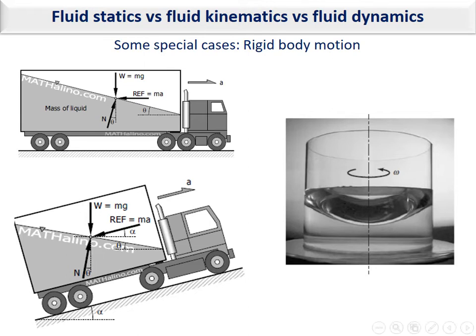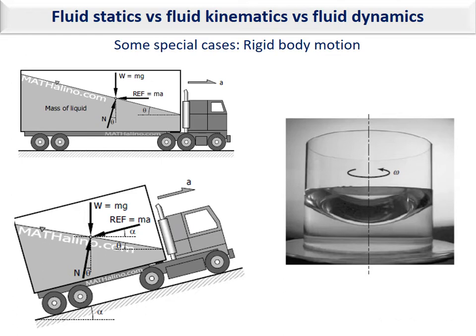So if you want, for example, to calculate the pressure at this point, it will be rho g multiplied by the height of liquid here. Or if you want to calculate the pressure here, again you can use the Pascal law. Another form of rigid body motion which is categorized in fluid statics is the rotational motion.